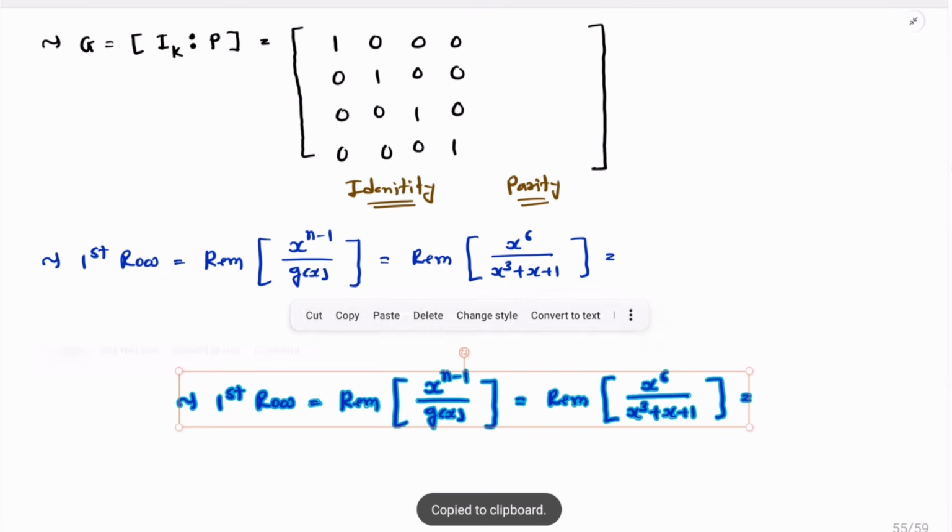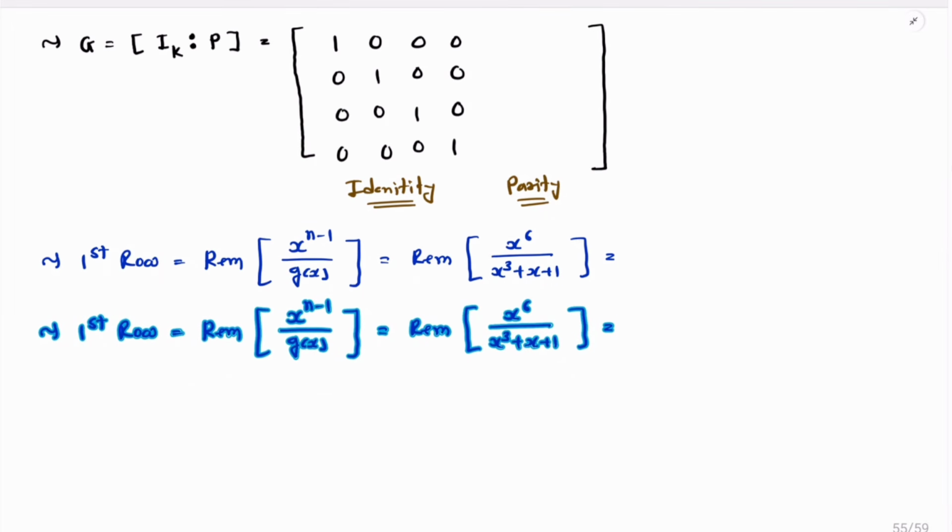So for the second row we perform x to the power n minus 2, which means x to the power 5.